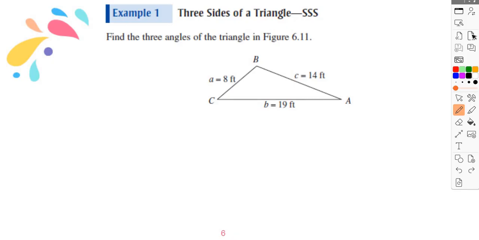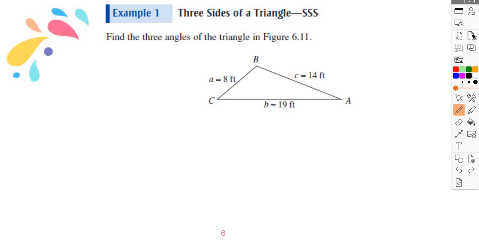Two triangles that have all three angles the same are what kind of triangles? Sorry, not that the angles themselves are equal, but if I have two triangles and their angles are equal to one another, they're not congruent, because in order to be congruent, their angles and their sides would have to be equal.